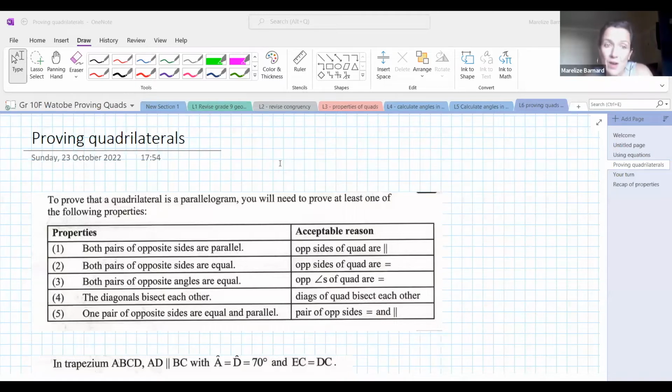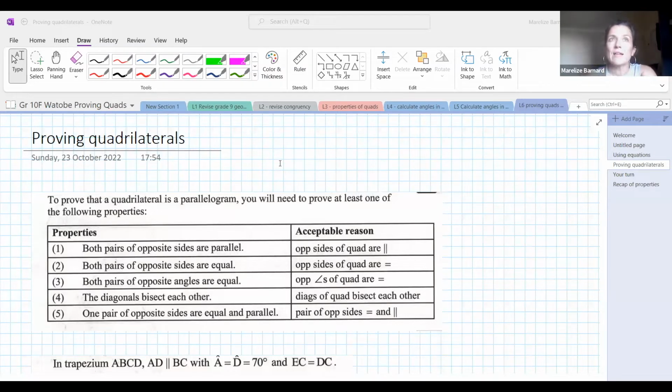And because you find those properties using other geometry, you can then conclude that your quadrilateral is a parallelogram. So which properties are we going to look for a parallelogram? Exactly the ones that you've been learning and studying. Both pairs of opposite sides parallel, both pairs of opposite sides equal, both pairs of opposite angles are equal, the diagonals bisect, or one pair of opposite sides are equal and parallel.